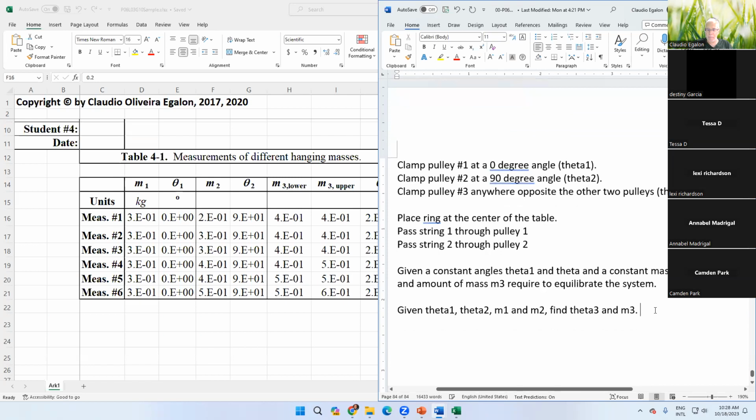Okay? And I'm going to repeat here, right? Constants: theta 1, theta 2, and M1. Variables: M2. Find theta 3 and M3. That's how we do this experiment.